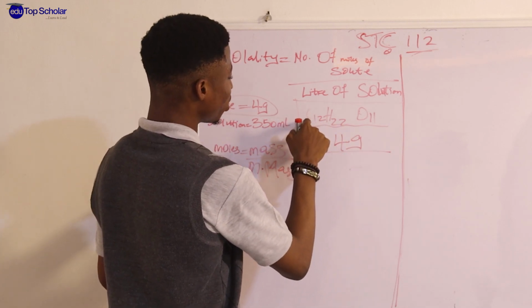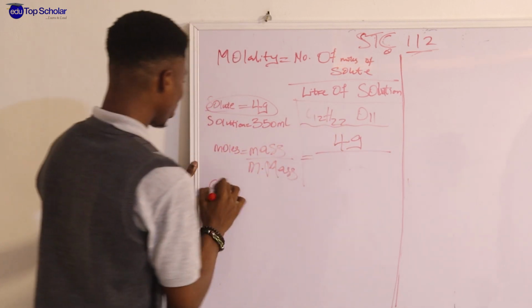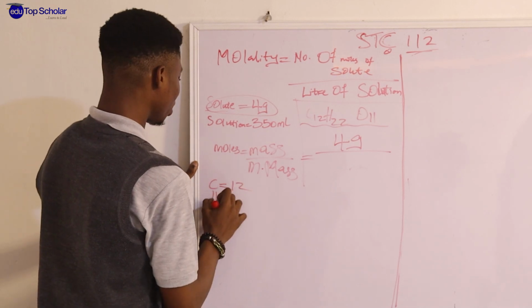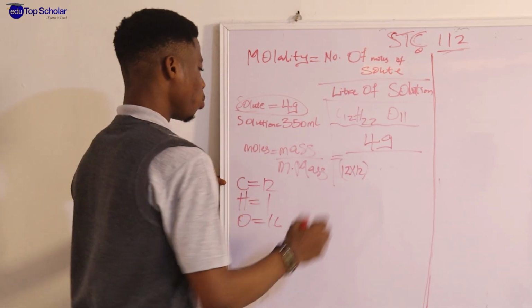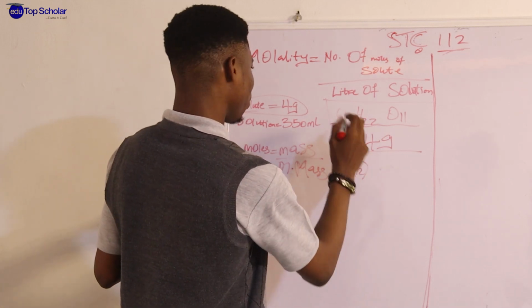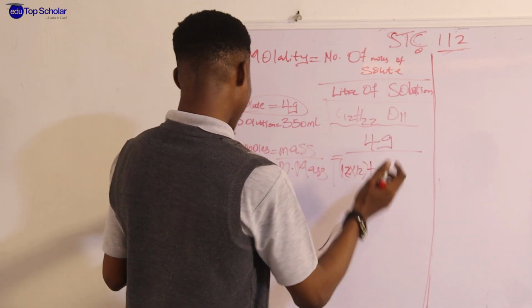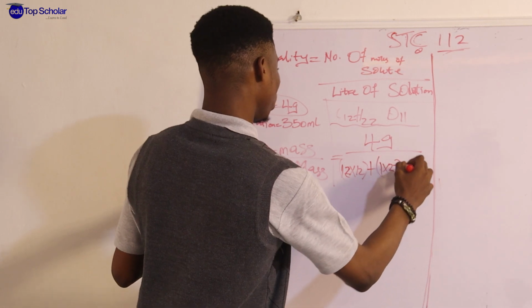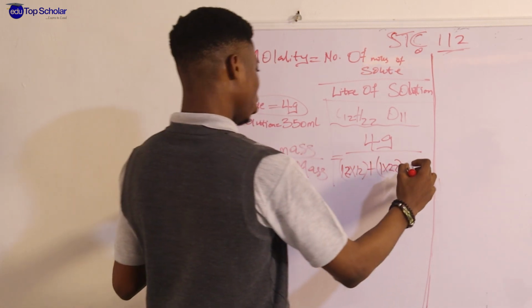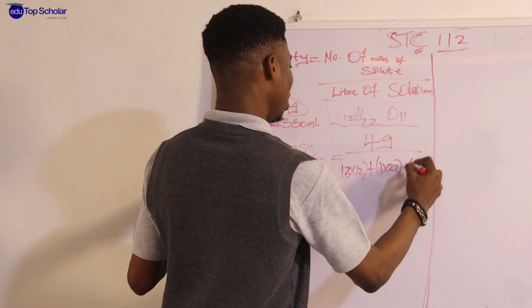So carbon is 12. Don't forget, carbon is 12, hydrogen is 1, and oxygen is 16. So we have 12 times 12 for carbon, plus our hydrogen, 1 times 22, plus our oxygen, 16 times 11.